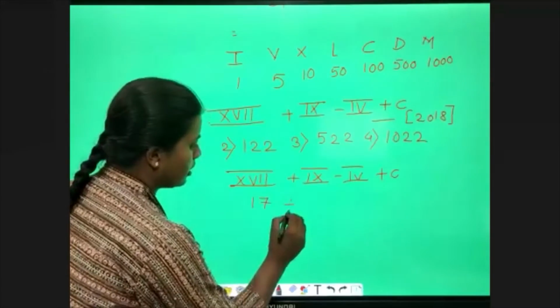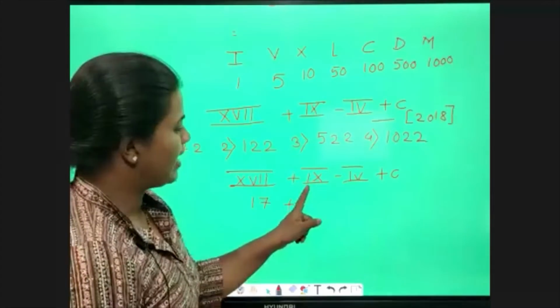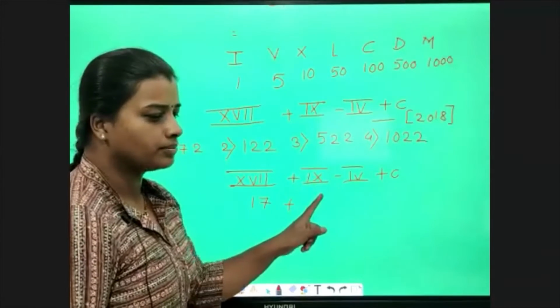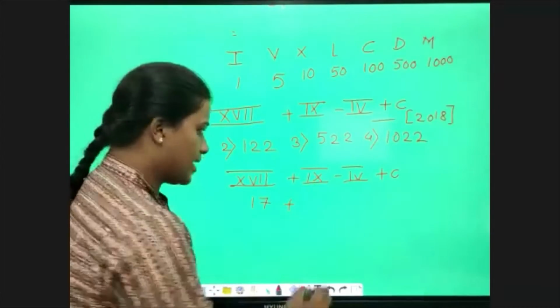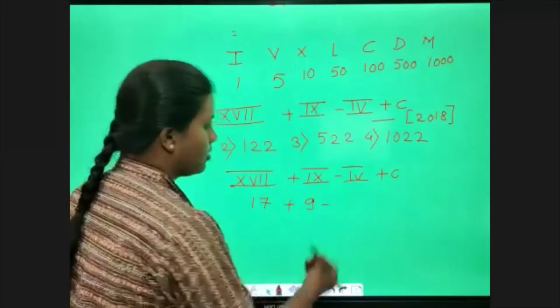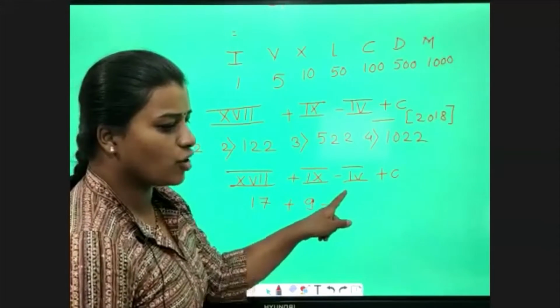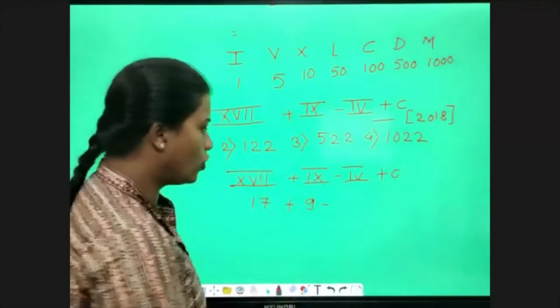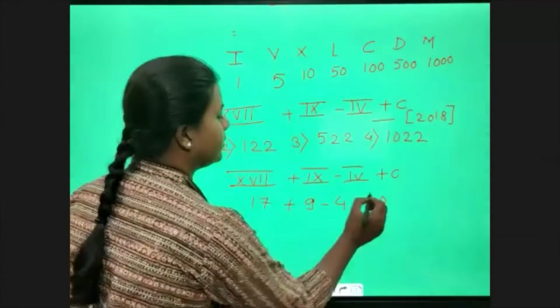Okay. IX stands for 9. Minus IV, IV stands for 4. Very good. C stands for 100.